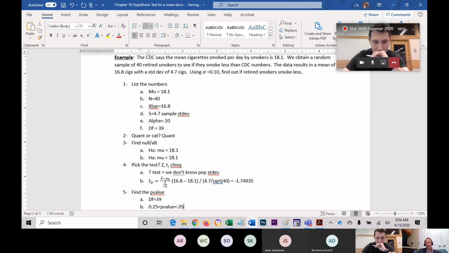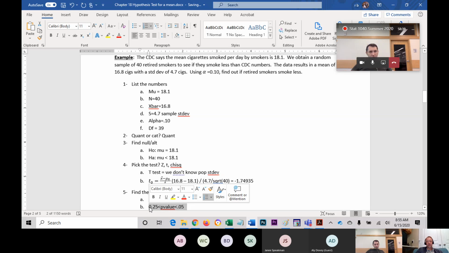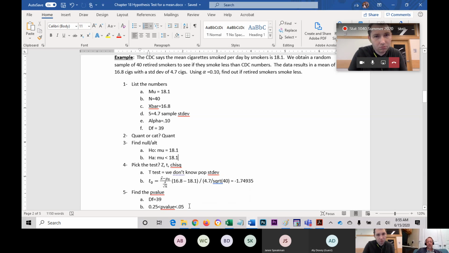Now, if my alternative hypothesis was a not equal, I would have to double both of those values. I would say it was in between 0.05 and 0.10. But since I'm doing a one-tailed hypothesis test, my p-value is in between here. That's all you can do. Now, step number 6 is what?